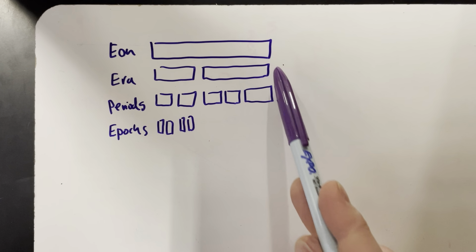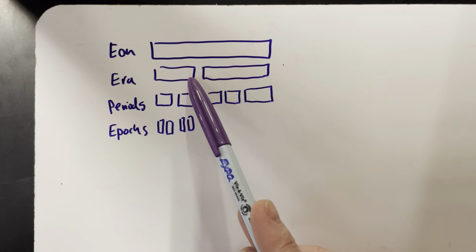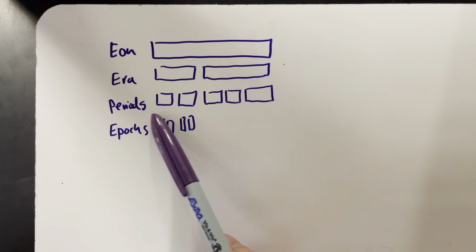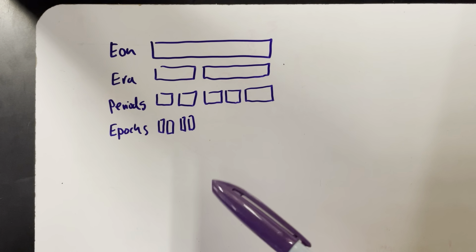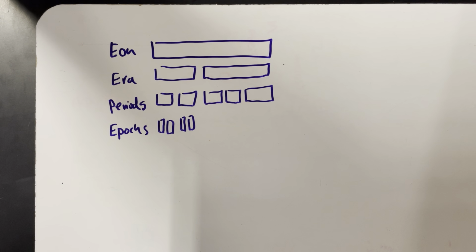Eons are like billions of years, eras are like tens or hundreds of millions of years, periods are millions and millions of years, epochs are sometimes less.